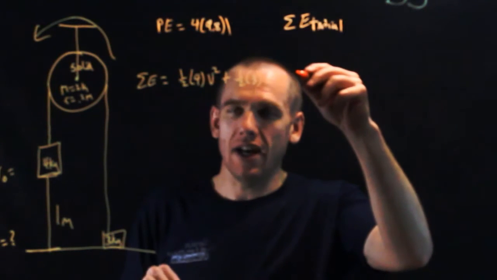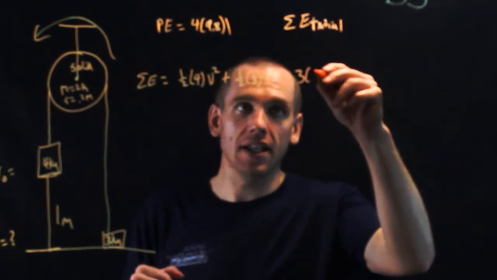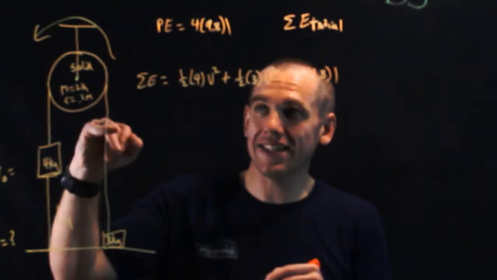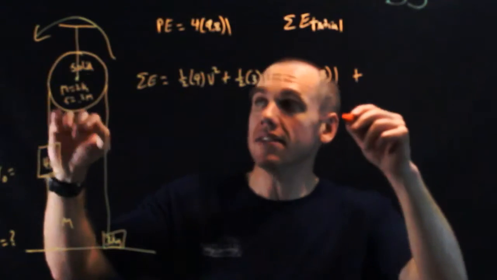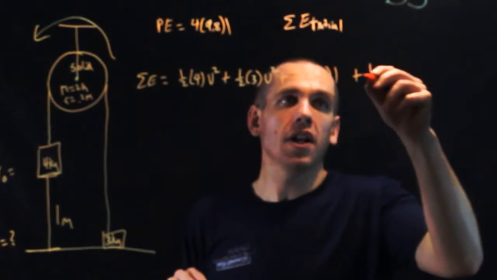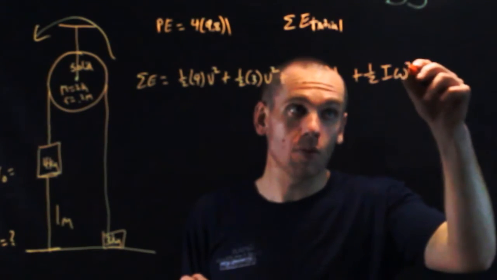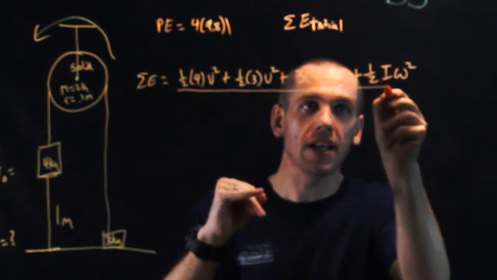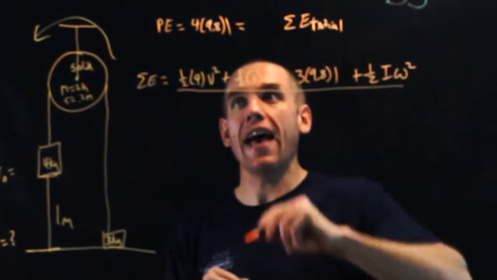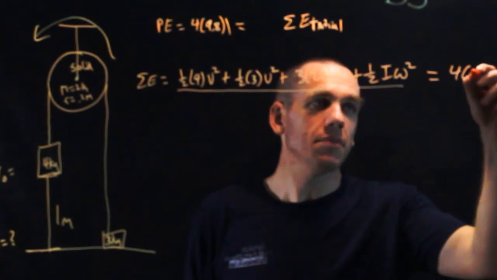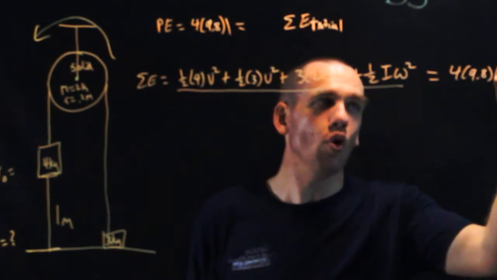So plus 3 times 9.8 times 1, because it's gaining potential energy as it gets higher, plus this thing will gain kinetic energy equal to 1/2 I omega squared. Okay? All of this right here, the energy at the end, has to equal the energy at the beginning. So this is equal to 4 times 9.8 times 1.